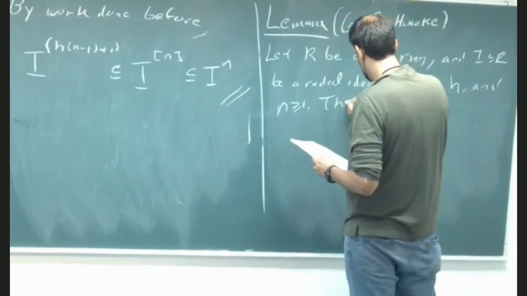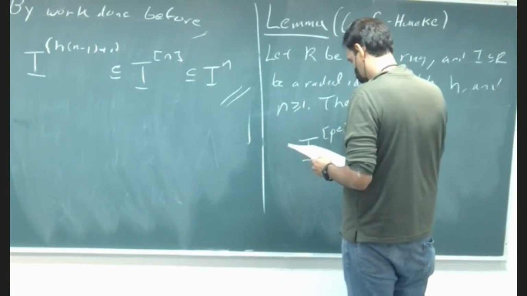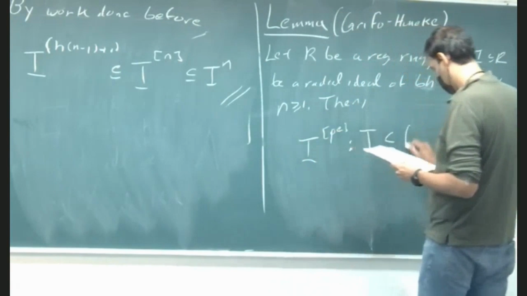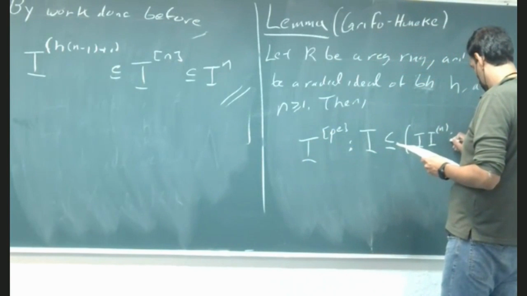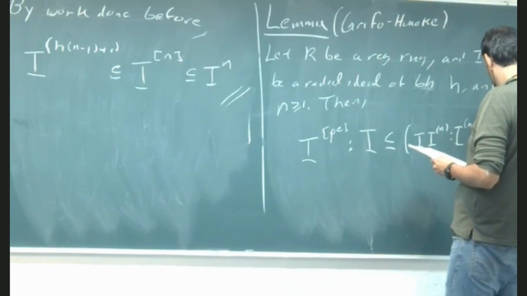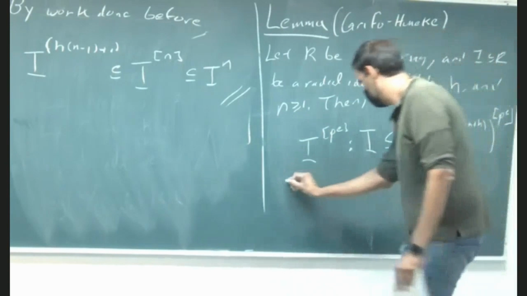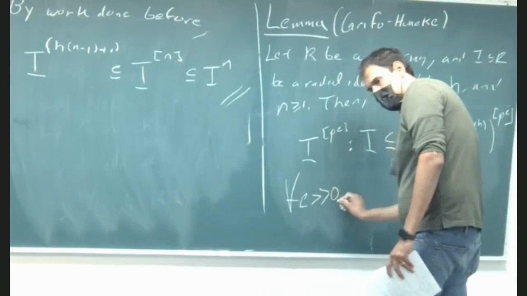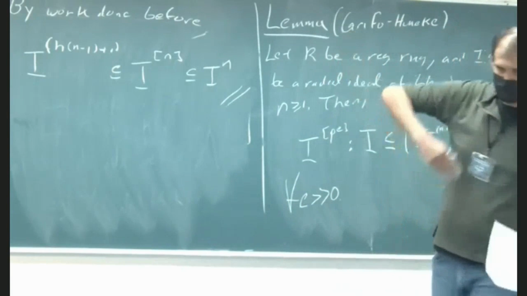Then I bracket P to the E dot I is contained in I symbolic N, I to the N plus H with P to the E, for every E big enough. Okay? So it may fail for 1, 2, 3, but then at some point it's going to hold.